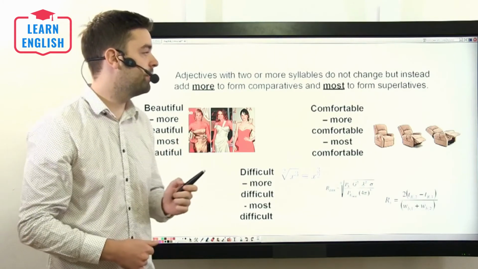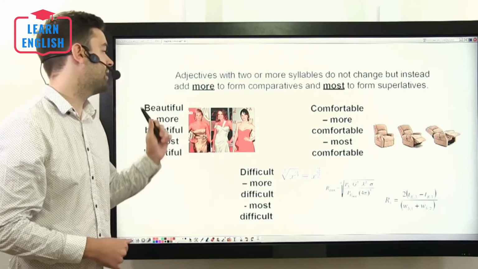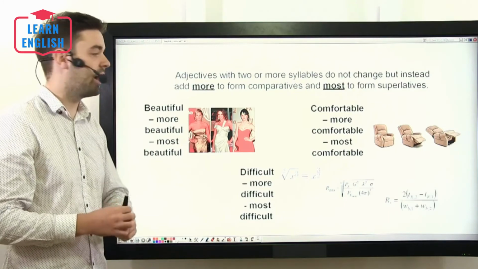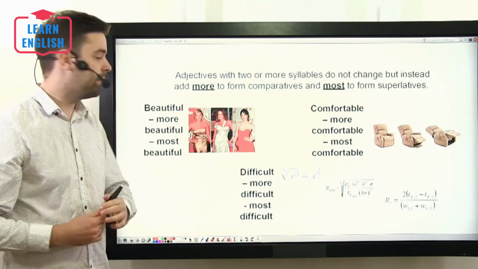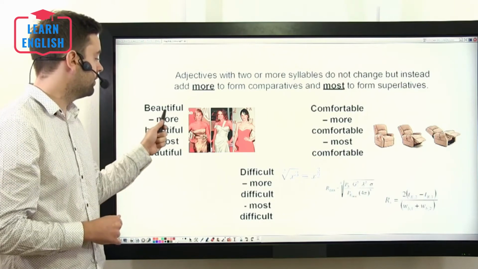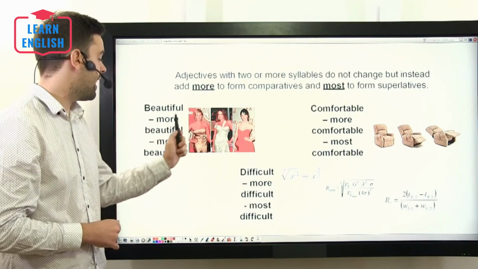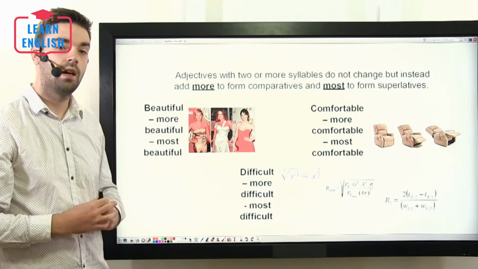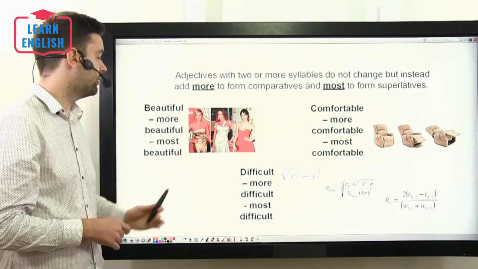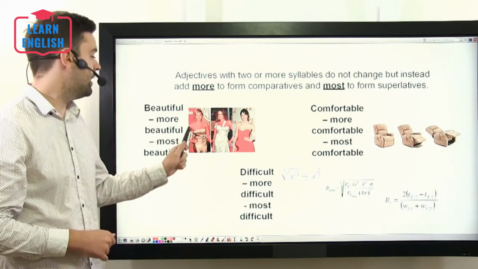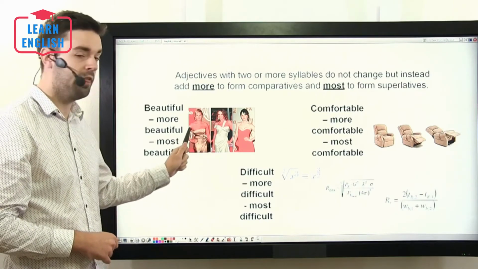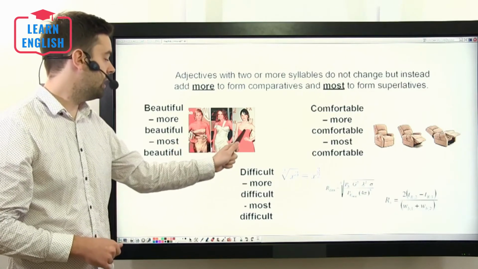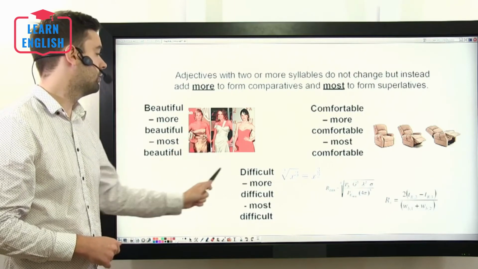Adjectives with 2 or more syllables do not change, but instead add more to form comparatives and most to form superlatives. For example, here we have beautiful, and then we have more beautiful, and then we have most beautiful. So she is beautiful, she is more beautiful than her, and she is the most beautiful.